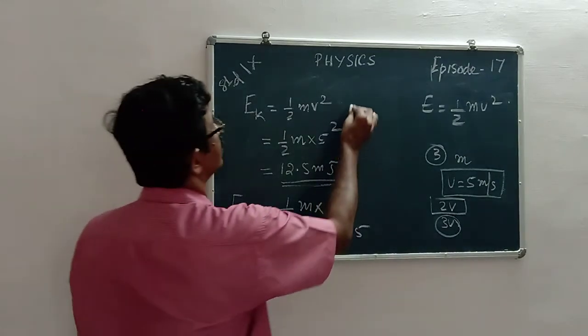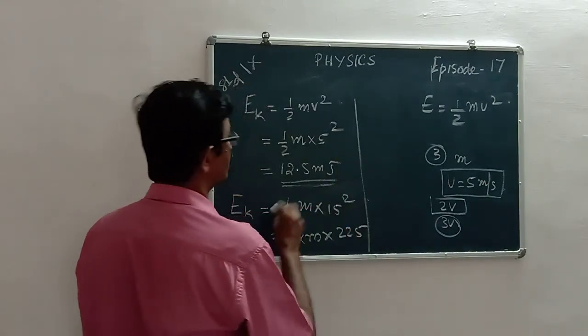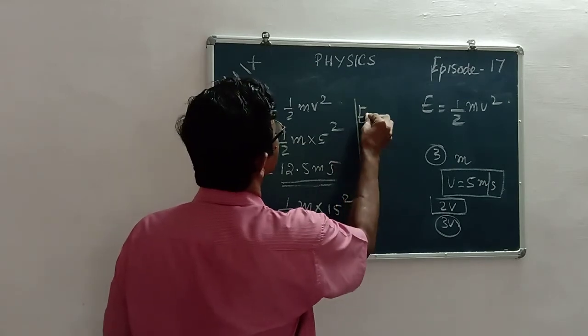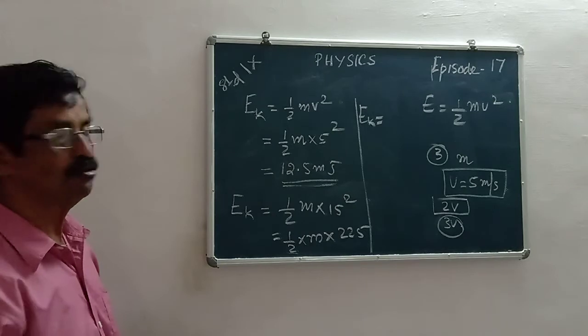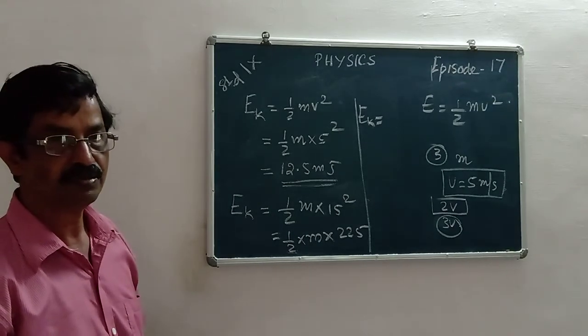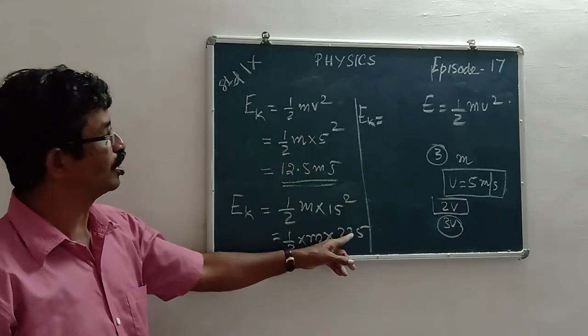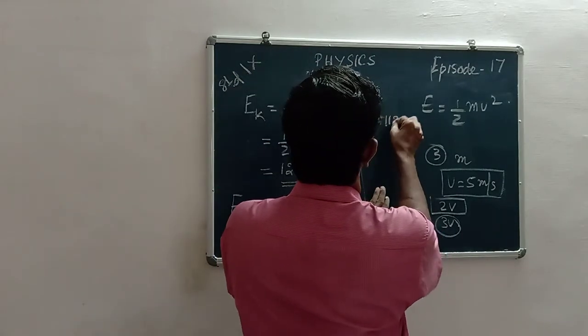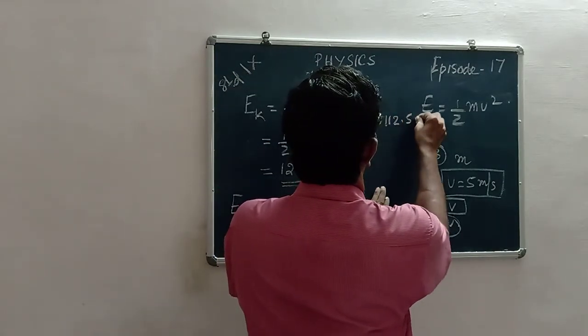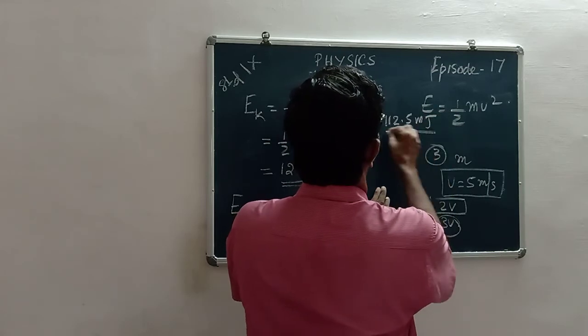Again, divided with 2. Then Ek, that is kinetic energy, is equal to 225 by 2, which means how much? 112.5 m joule.